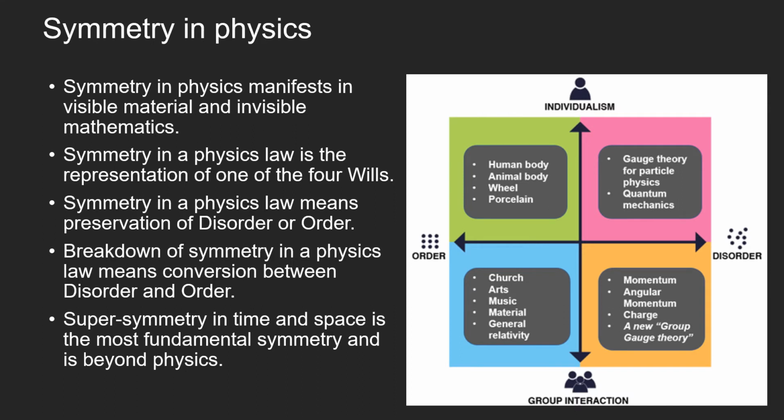I should mention that we have discussed the supersymmetry in time and space in part 3 of video series 2. It is the most fundamental symmetry and it is beyond physics because it is associated with the new will conservation law and it doesn't mean preservation of disorder or order.